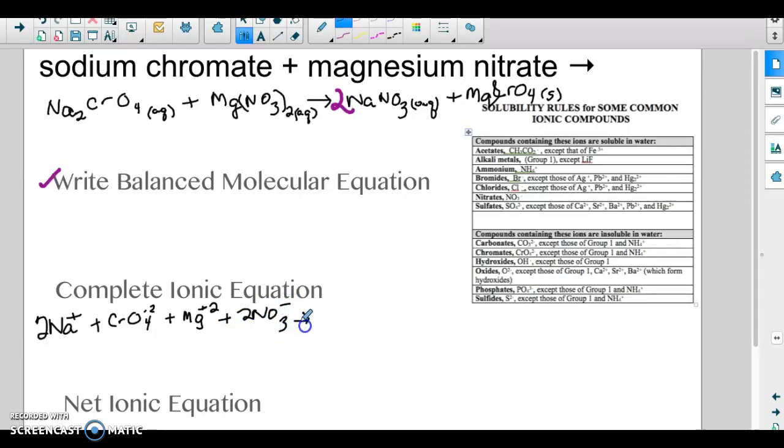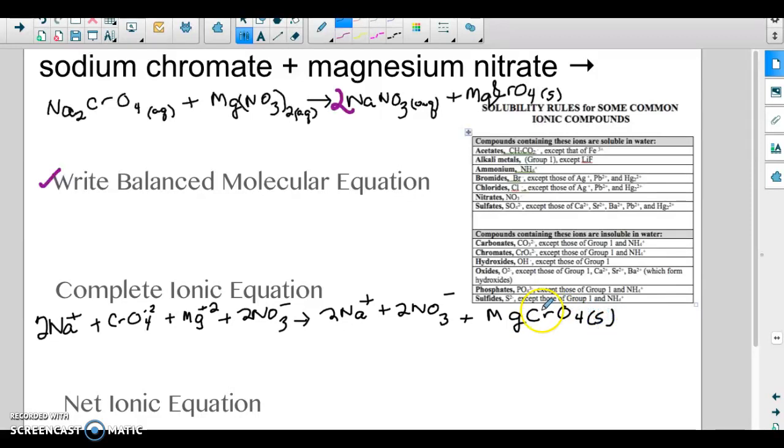And then when I get to the product side, I'm going to get 2 sodium ions plus 2 nitrate ions. And then I'm going to keep my precipitate together. I'm not going to break that into ions because that is a solid.